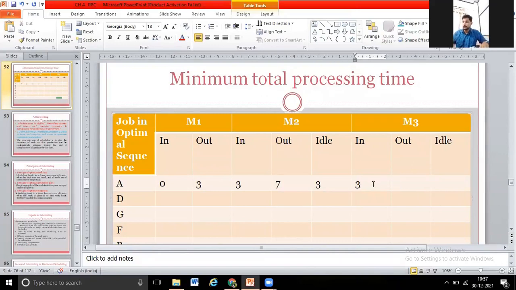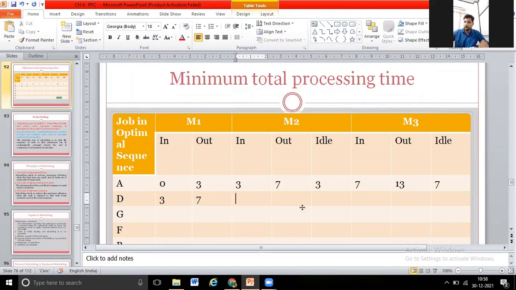Idle time 3 hour, in time here 7, out time 13, and idle time will be 7 hour for the second machine. For the D job, 3 hour in time, then 7 hour out time.